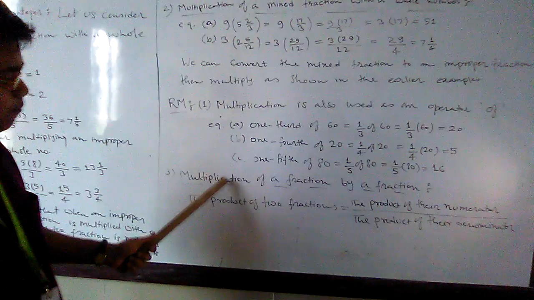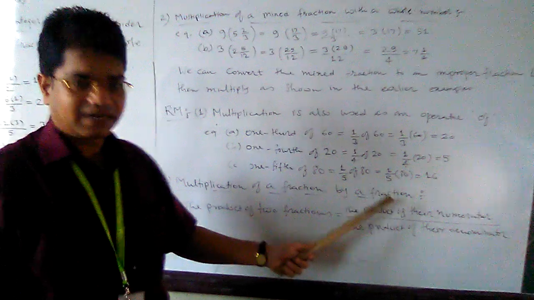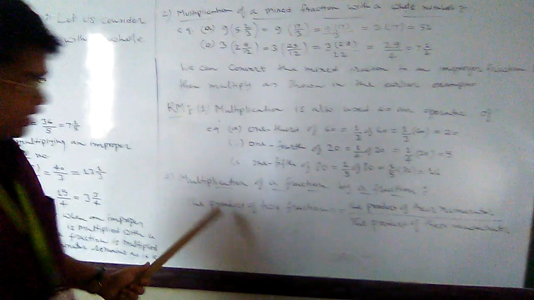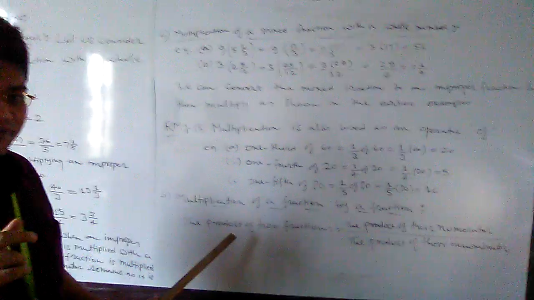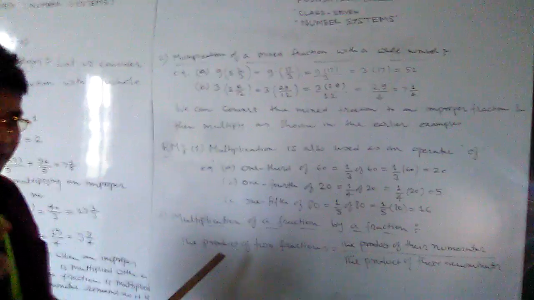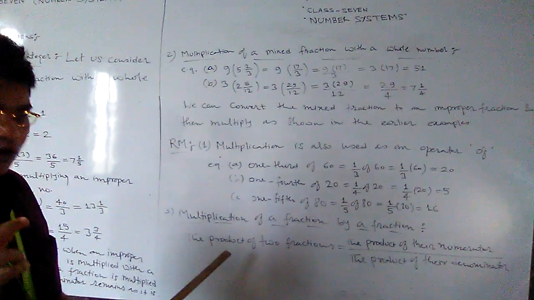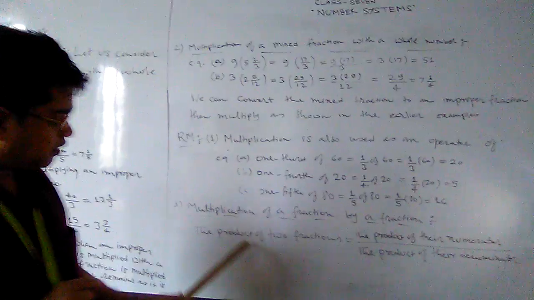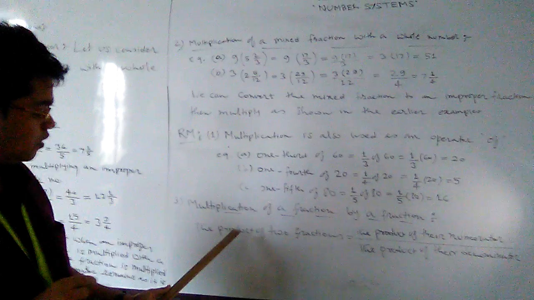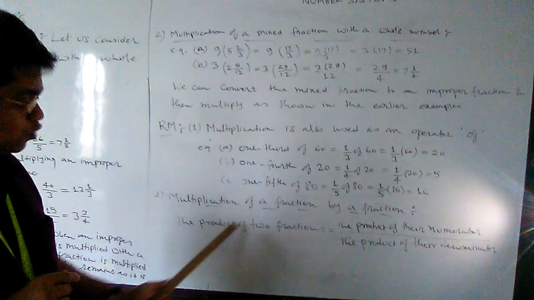Now come to the multiplication of a fraction by a fraction. In the earlier example, we saw multiplication of a fraction by a whole number, if the fraction was proper or improper. Now here we are going to learn the product of two fractions.